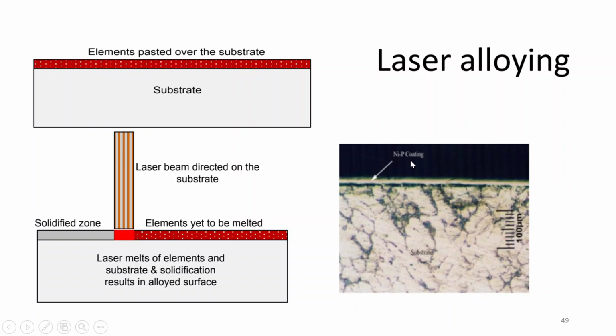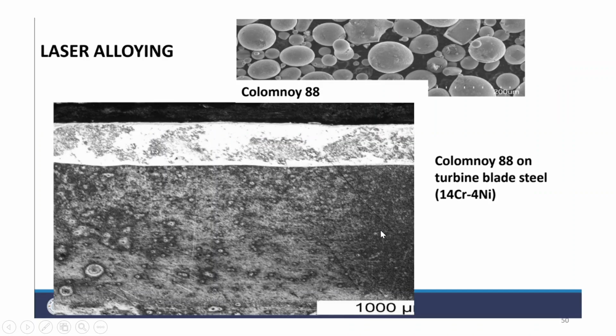Okay, so here you can see nickel phosphorus coating on the substrate. In case of laser alloy you also have Colmonoy 88, and this is on turbine blade steel. So here you have 14 chromium and 4 nickel, this type of alloy.